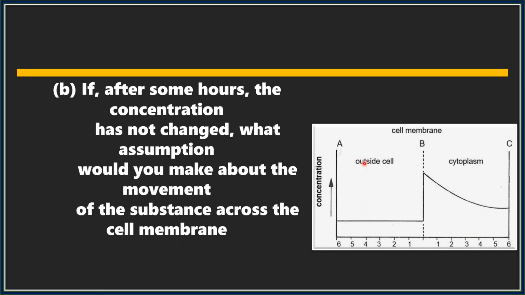So here what we are saying is that if this is what we started with in the beginning, and then we come after several hours and we find it is still the same way as it is, what assumptions would you make about the movement of the substance across the cell membrane? Pause and think about it.